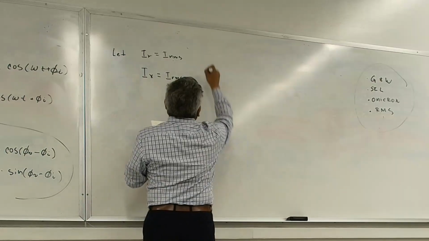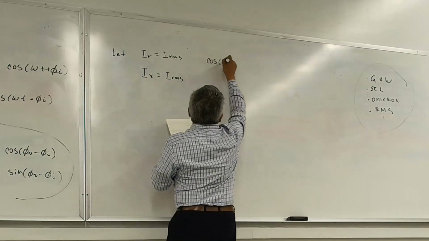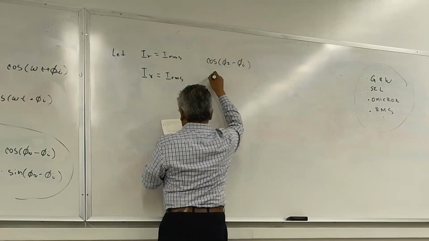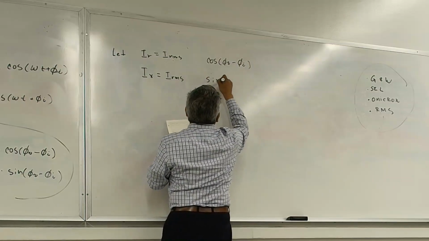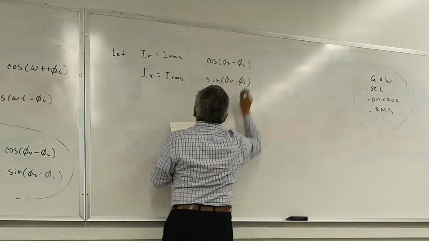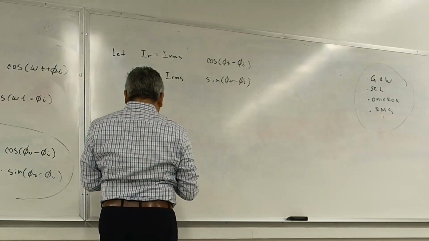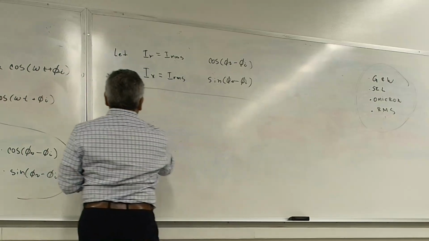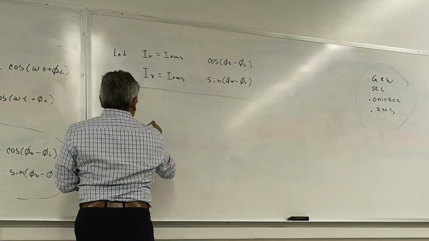And I'm going to say that the first is cosine of phi V minus phi I, and the second is sine of phi V minus phi I.